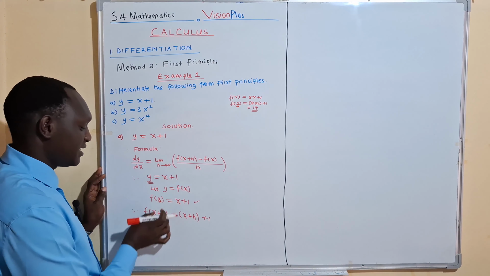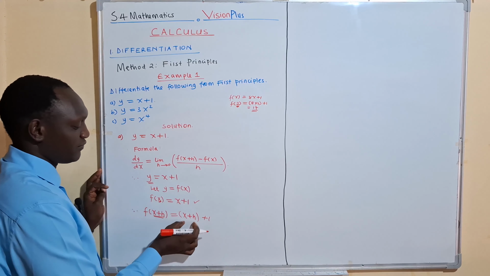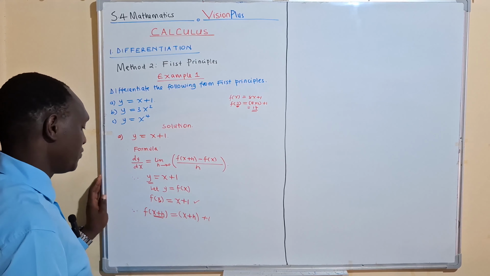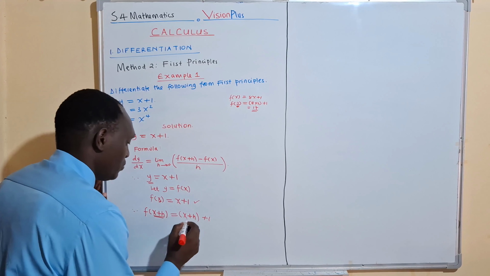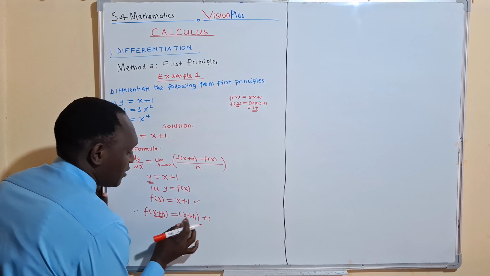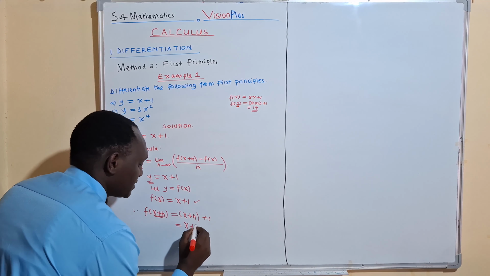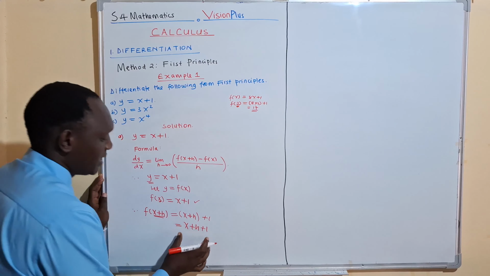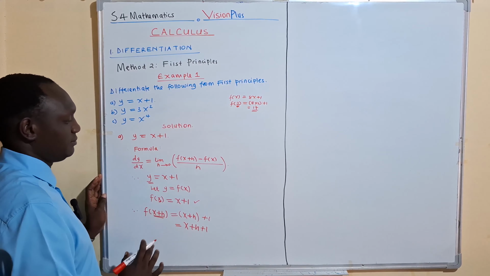Now what if x is given as x plus h? So instead of x here, we substitute x plus h, and then we proceed. If you look here, we can take away the brackets so that here we have x plus h plus 1. This is now f of x plus h.